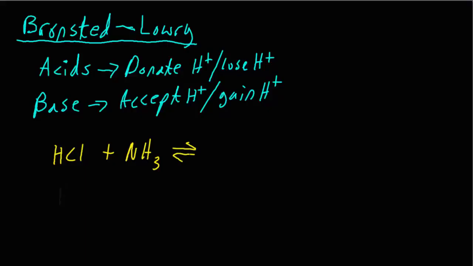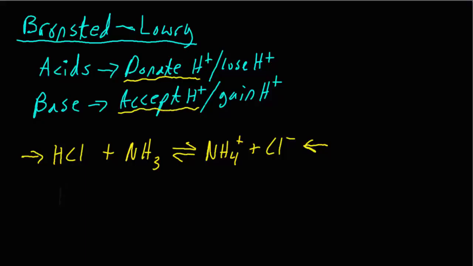So if you look this reaction up, what you would see on the product side here is the product NH4 plus and Cl minus. So this equation here can be looked at, and you can apply the Bronsted-Lowry definition of acids and bases to this equation by seeing which substance is donating the H plus and which substance is accepting the H plus.